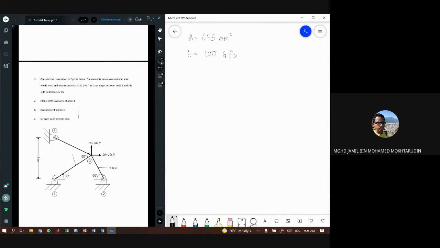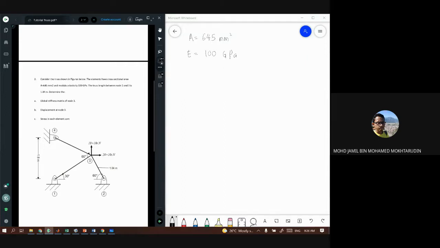So you need to calculate the element length. So determine the global stiffness matrix, the displacement at node number 3, and also the stress in each element.